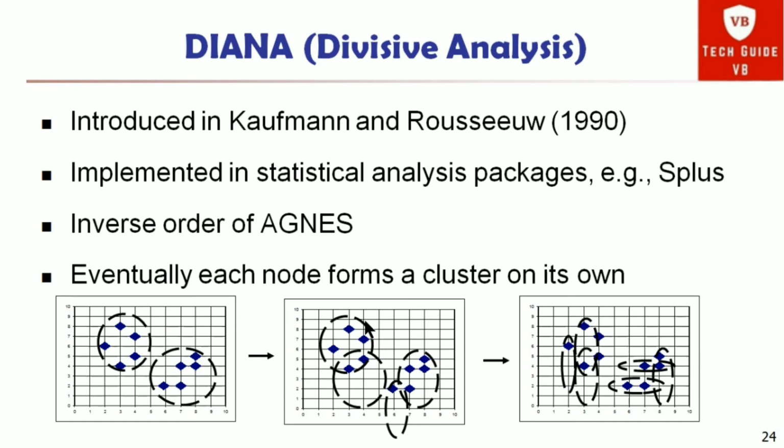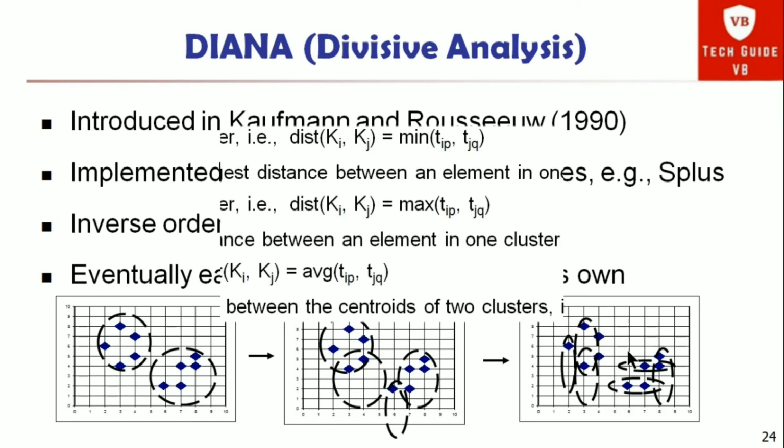The last step of merging in AGNES is the input for DIANA, and the opposite process is done, and eventually each node forms a cluster on its own at the end. This is the output of DIANA, the divisive analysis method.